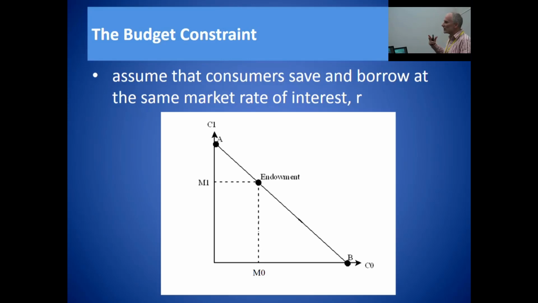And all it does is trace out all the possibilities that a consumer has to substitute consumption in the present and the future. Now, obviously, there's a trade-off, because the more you consume today means the less you can consume tomorrow, and vice versa. And all of these trade-offs are denoted by that straight line there, the intertemporal budget constraint.